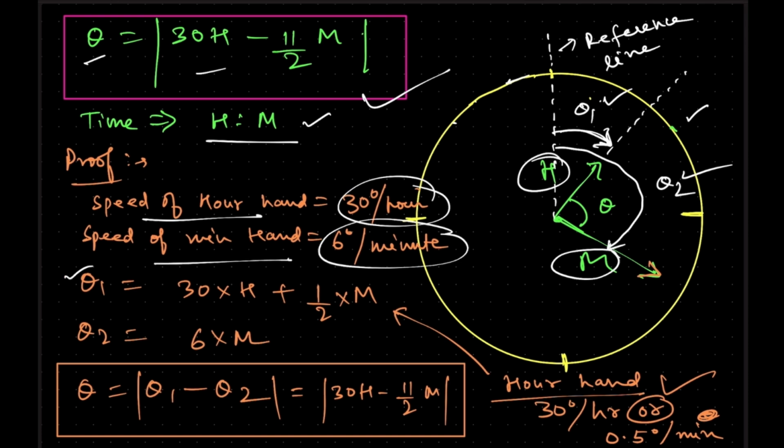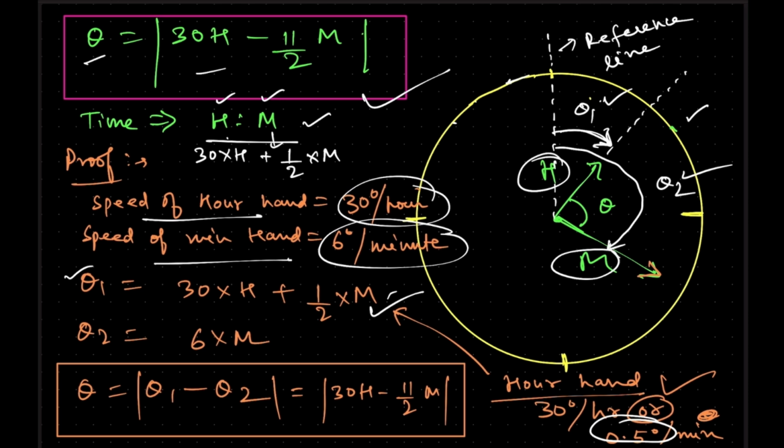So theta 1 is the angle traveled by the hour hand in h hours and m minutes. In h hours it will cover 30 into h, and in m minutes it will cover further, since we know it moves 0.5 degree per minute, 1/2 into m. You can see the expression over here.